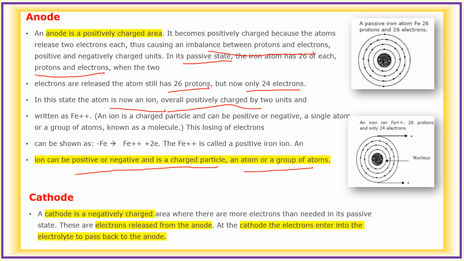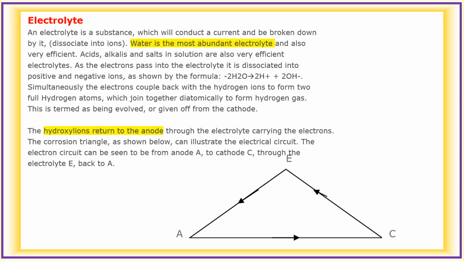So what is cathode? Cathode is a negatively charged area where there are more electrons than needed. It is a passive state, with electrons released from the anode. At the cathode, the electrons enter into the electrolyte to pass back to the anode. Electrolyte.